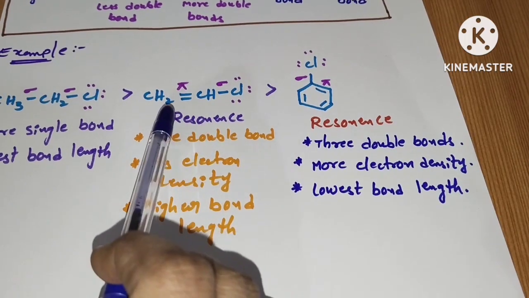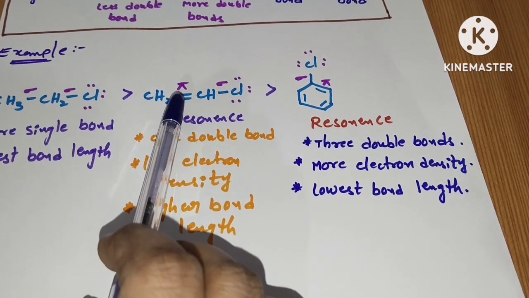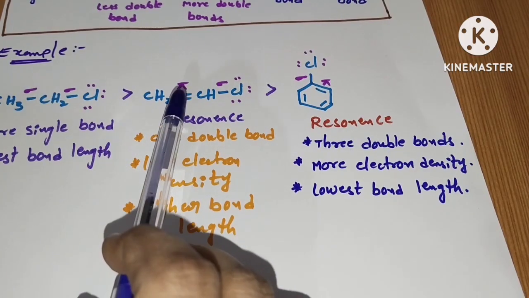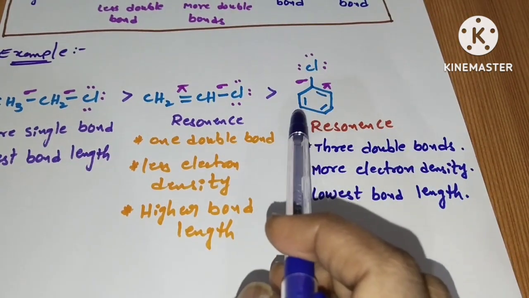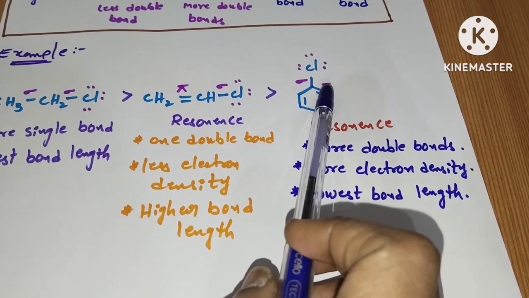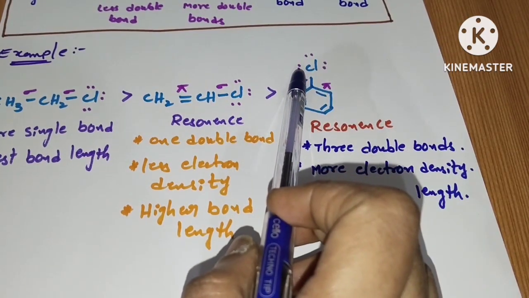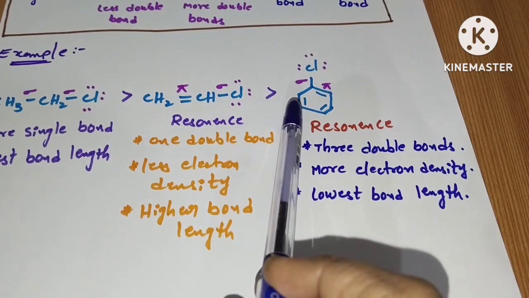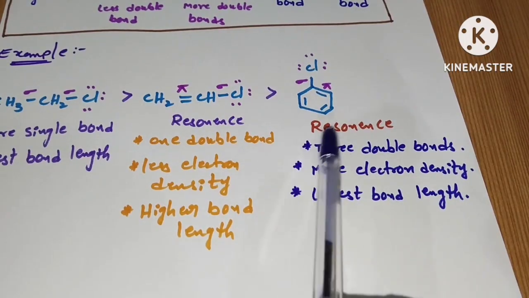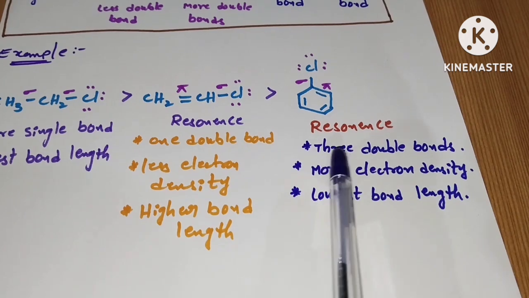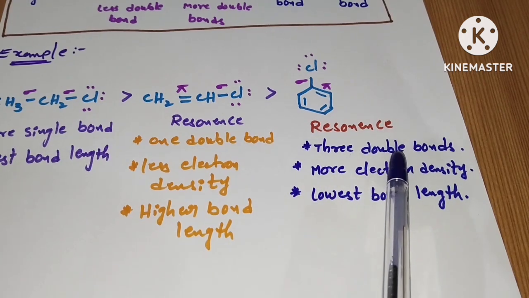Secondly, only one double bond is present in this compound. And in the third compound, there is a pi bond, sigma bond and lone pair of electrons. Hence, resonance is possible in it. Secondly, there are three double bonds present in it.